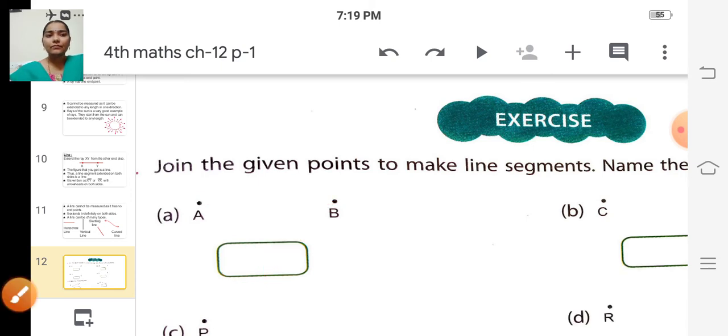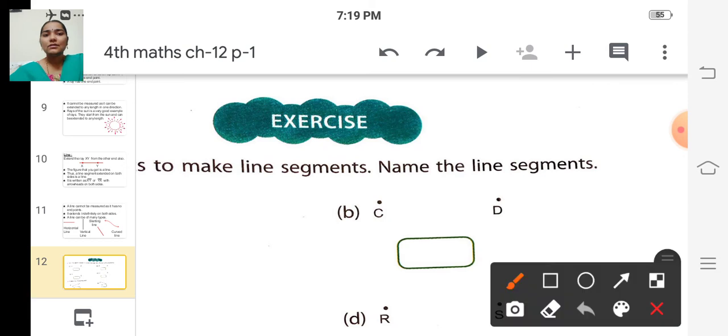The next one, CD. They have given 2 points C and D, so we have to join C and D. You have to use a ruler to join these 2 points. How to name this line segment? CD bar. We put a bar above CD.